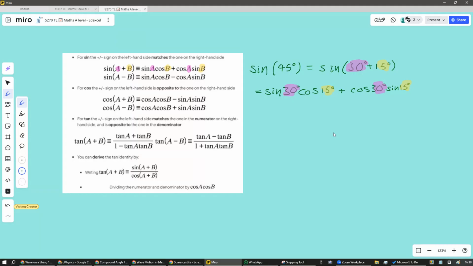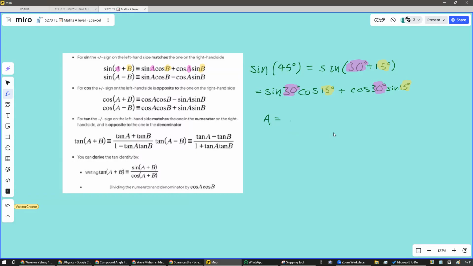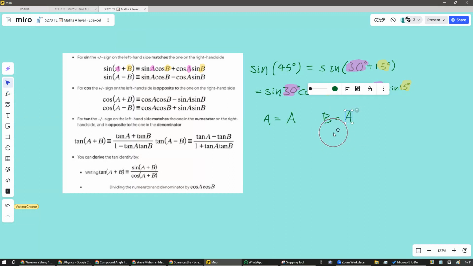We're not going to use any values at all. We're just going to say A is equal to A, but B is also equal to A. So we're just having one angle, okay?